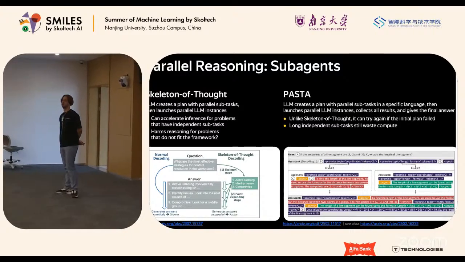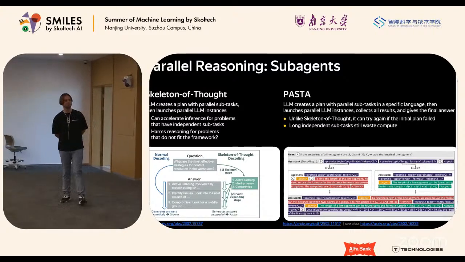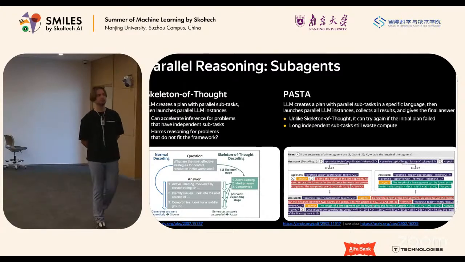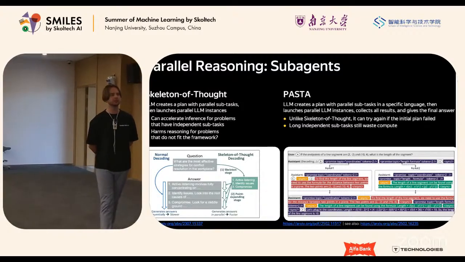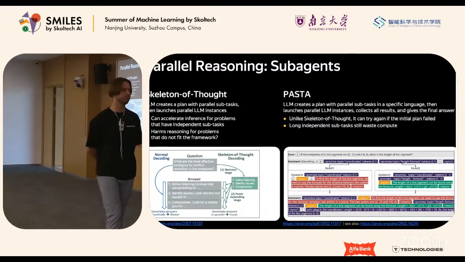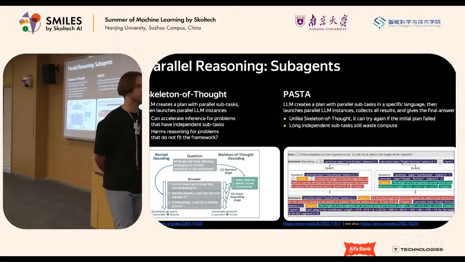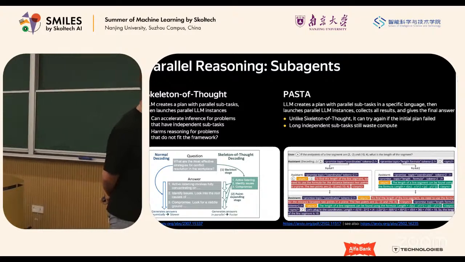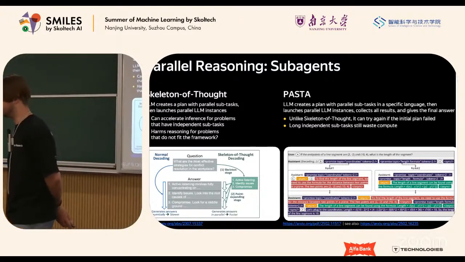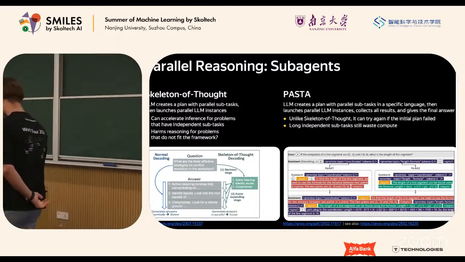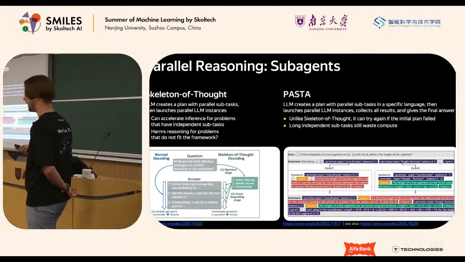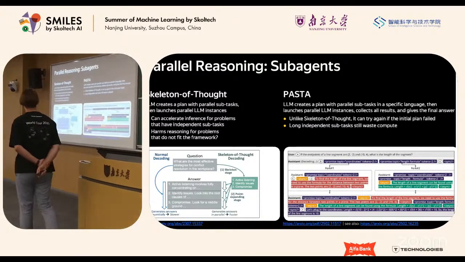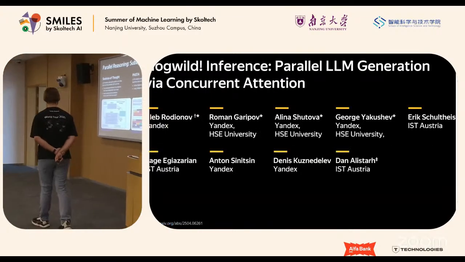While you can call those forks at any time, you still have to wait till they finish. And they may be time consuming, and the whole system is a little bit hard to engineer to work properly. And yeah, so these are some ideas on how people try to improve the efficiency of these agents.